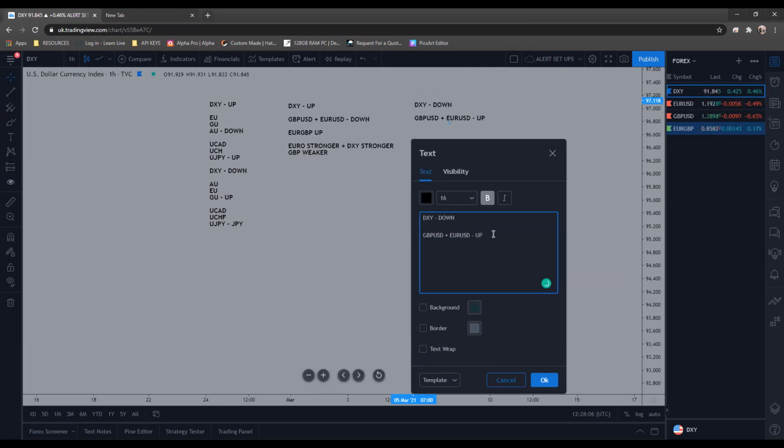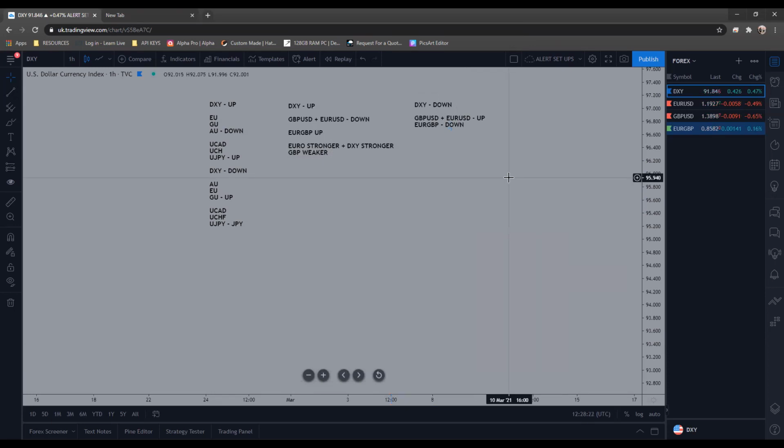But what is the best long if Euro GBP is going down? No, so it's GBP USD.